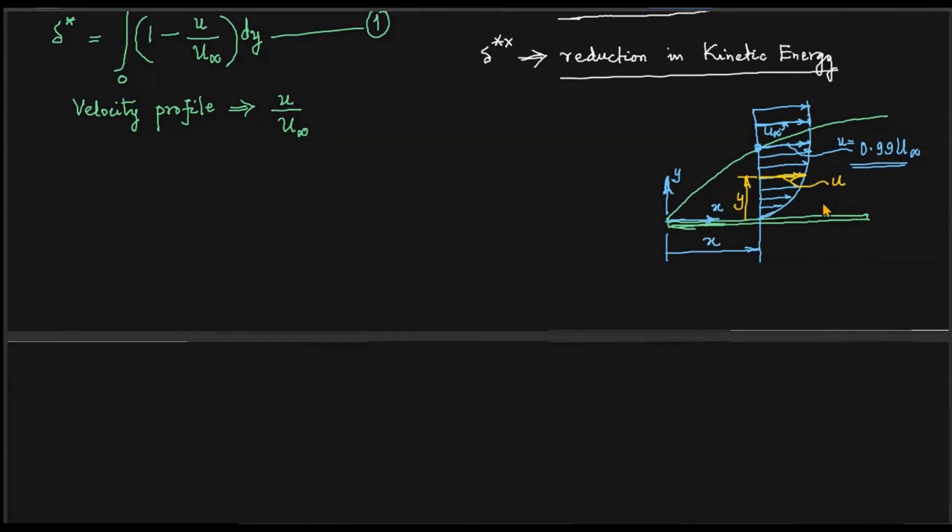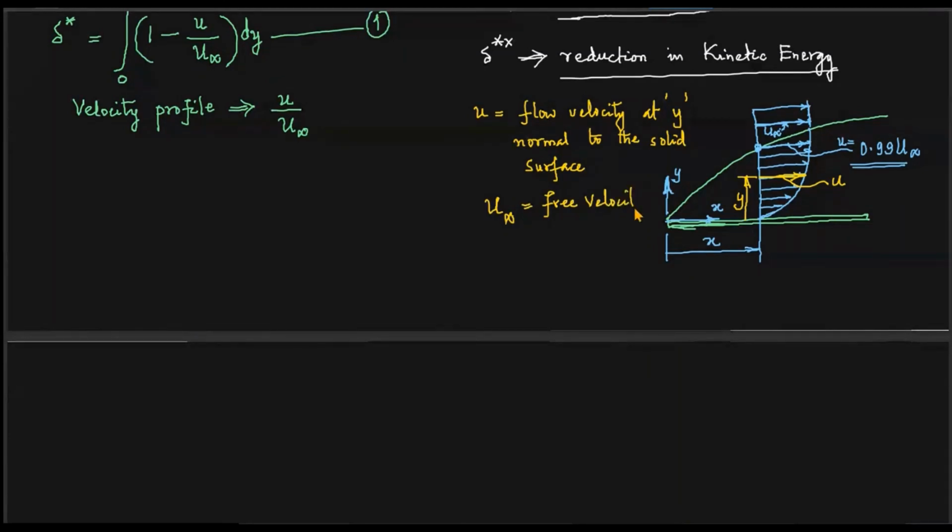So at a distance y, u is the flow velocity at distance y normal to the solid surface. And I repeat, u infinity is the free stream velocity of unobstructed flow.